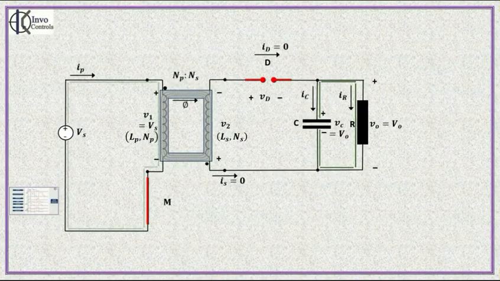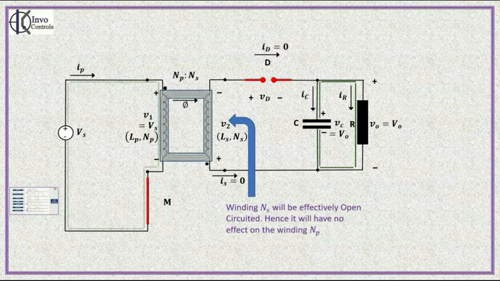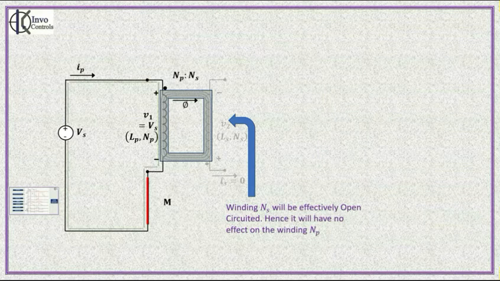Now, let's analyze the circuit a little further. The winding Ns, which is the secondary winding, as we have mentioned earlier, will be effectively open because the diode is open circuited. On account of this, we can actually do away with the secondary circuit.